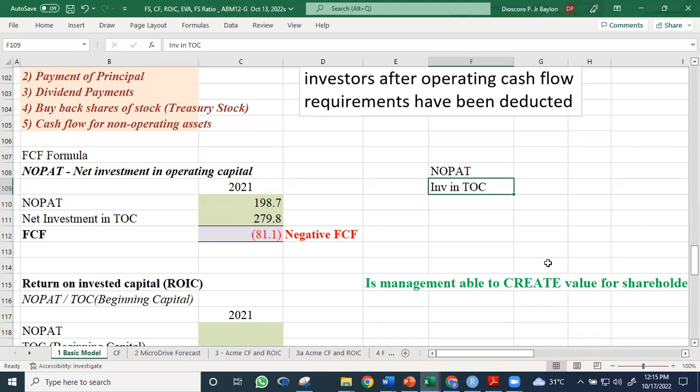Diba? Yun ang operations eh. Eh kung hindi ka mag-i-invest, hindi tayo nagdadagdag ng inventories. Kaya hindi nag-i-invest sa property, plant, and equipment. So magsasuffer yung operations. Okay? So always take this, yung free cash flow, with a grain of salt. Not all negative free cash flow are bad, and neither are all positive free cash flow good.